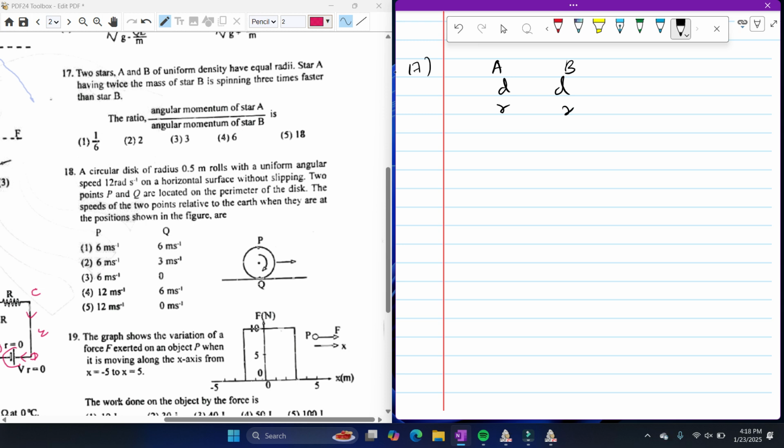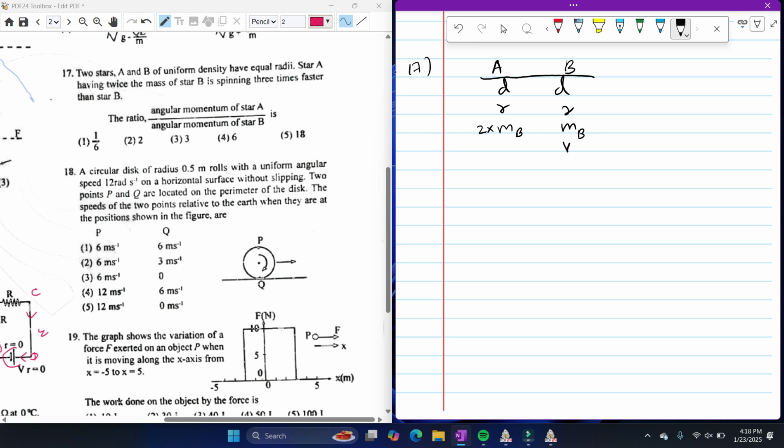Star A has twice the mass of star B. Mass of star B is mb and A is said to have twice of mb. Star A is spinning 3 times faster than star B.